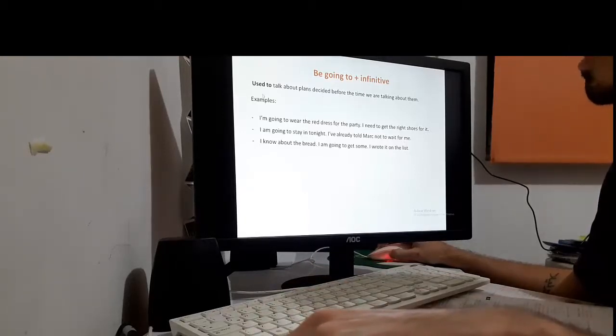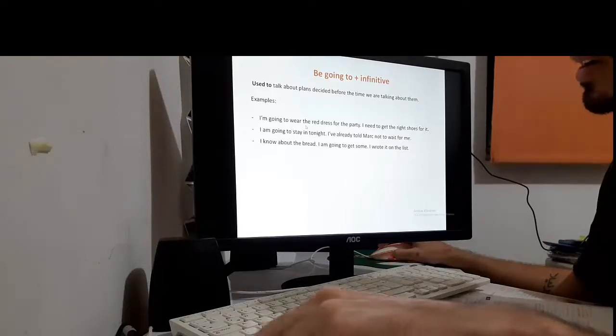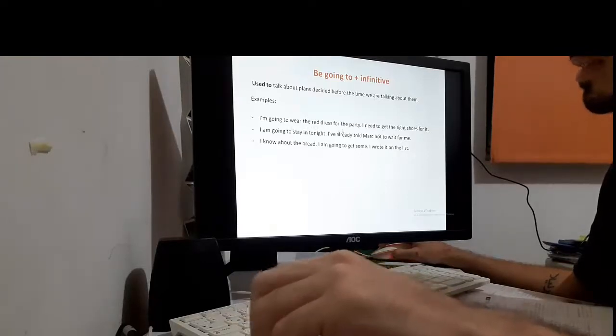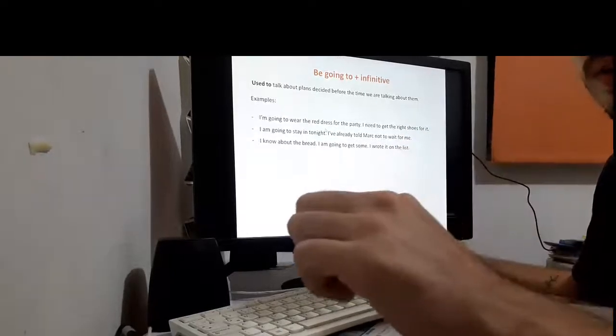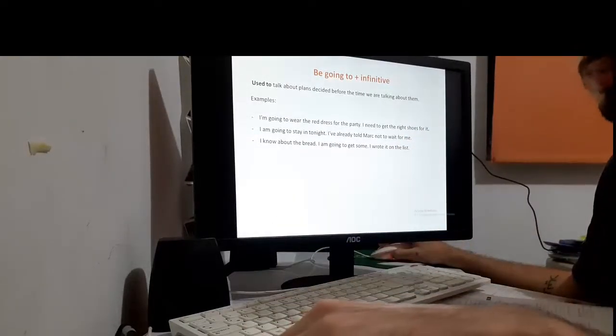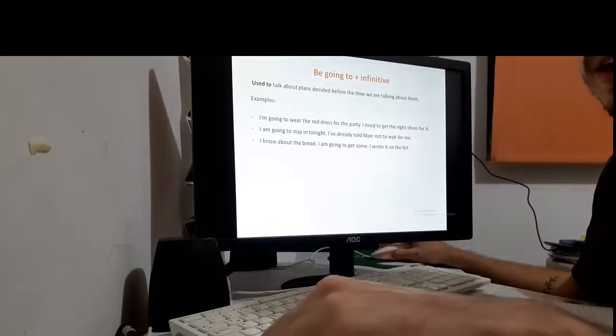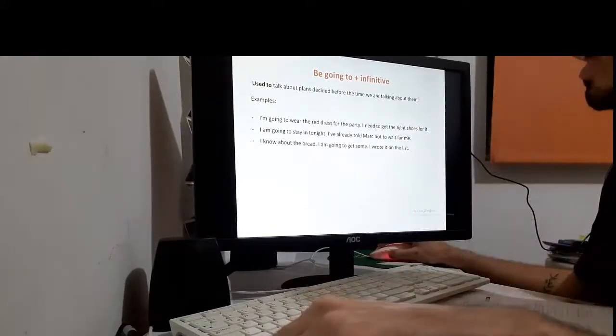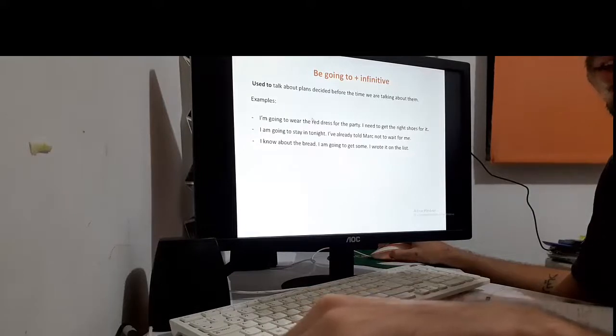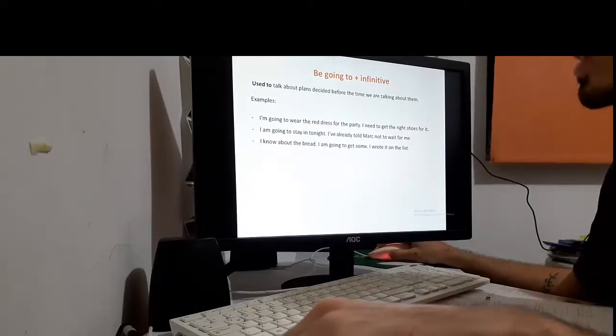Here we have an example. I am going to wear the red dress for the party. So you decided that you are going to wear this one. You decided before, not now. It's not a spontaneous plan. It's not a spontaneous decision. It's something that you have planned. But there is one difference between be going to and the present continuous.